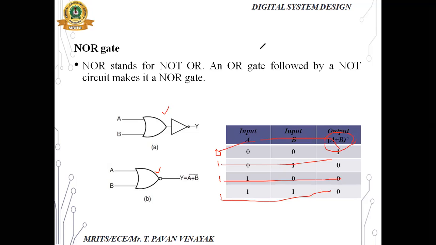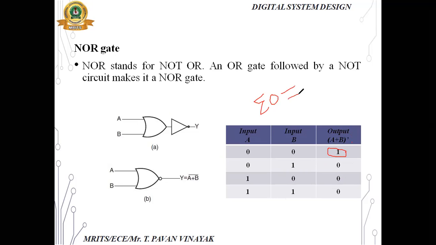From the truth table, let us find the Boolean expression. Sigma 0 is equal to what? A bar dot B bar. So this is the De Morgan law, right?